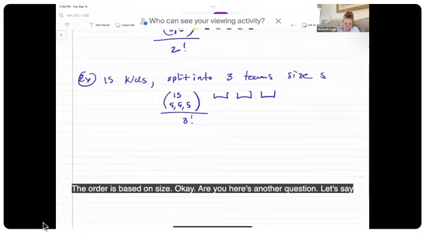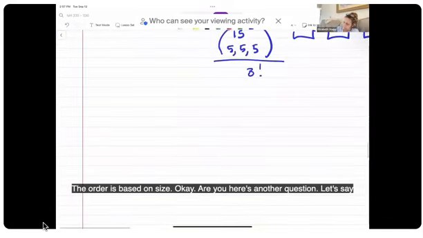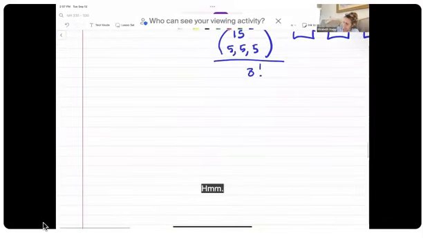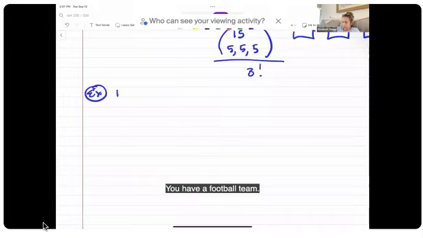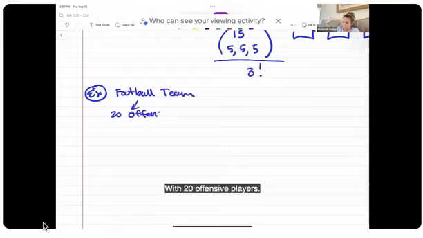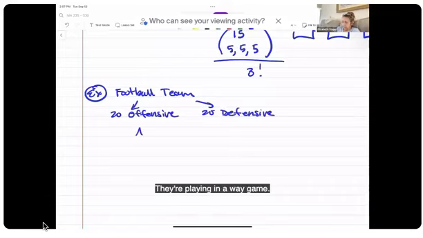Okay. All right, here's another question. Let's say you have a football team with 20 offensive players and 20 defensive players. And they're playing an away game.